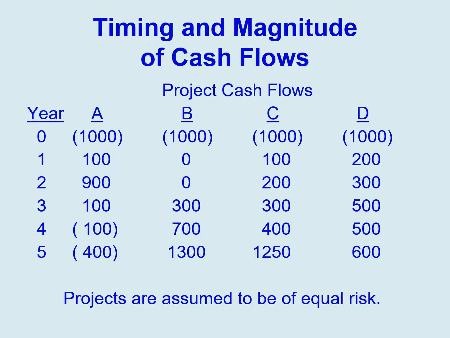So that leaves us with projects B, C, and D, all 3 of which had positive NPV. C had the highest. All 3 had internal rates of return greater than the cost of capital, with D being the highest. And then all 3 had above 1 for a profitability index, with C being the highest.